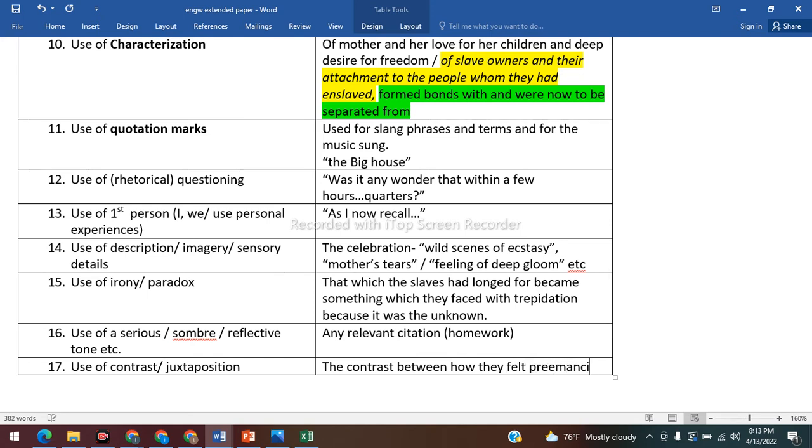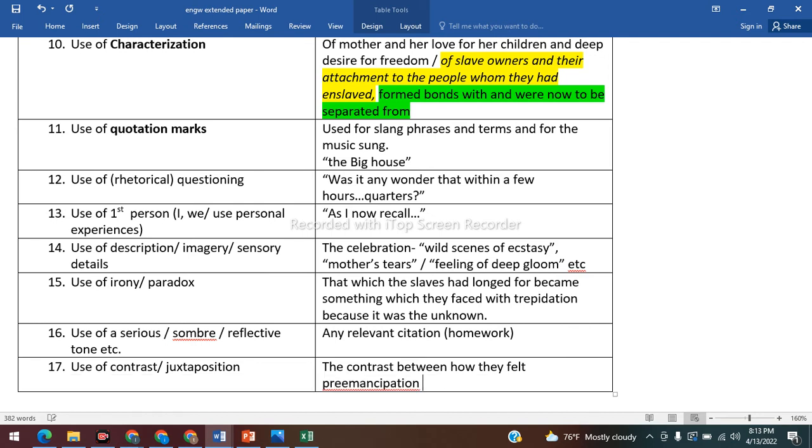Before emancipation. Pre-emancipation, before emancipation. And post-emancipation. What do you mean by post-emancipation? After. Good.